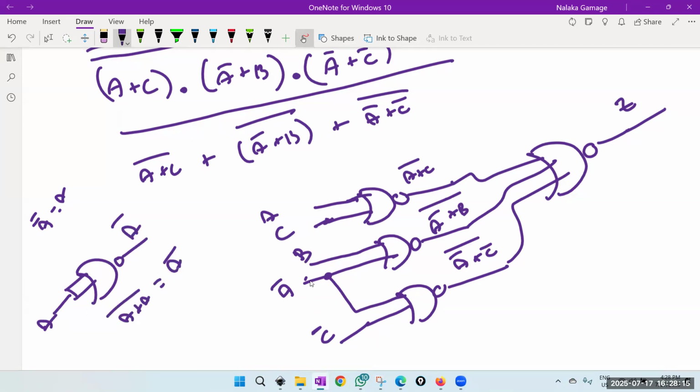So if A bar and C bar are not available, I can take A and create A bar by sending it through a NOR gate. C bar also I can create by sending C like this and giving the two inputs the same input. But I don't do it because the examiner says all the bars are also available. So this is my diagram. Let's see whether the examiner's answer is this.